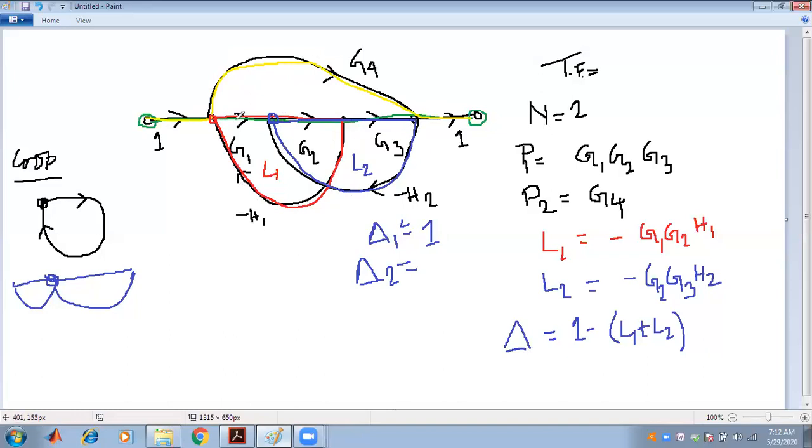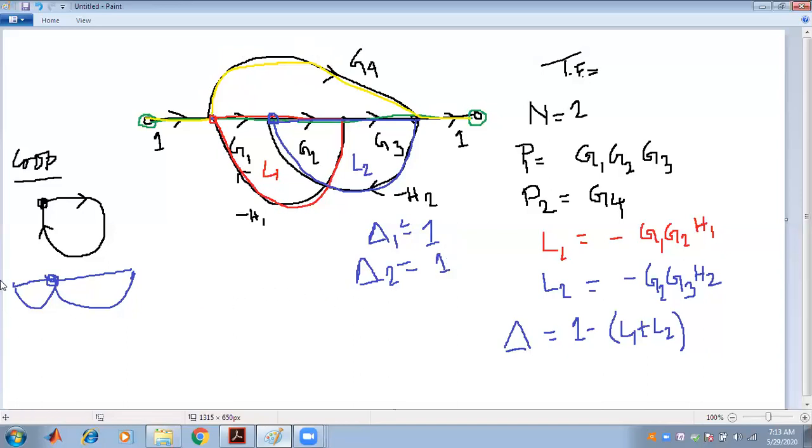The loop denoted by the red color is touched at that particular node, and the loop denoted by the blue color is touched at that particular node for the second forward path. So all the loop gains are nullified, so the del value is 1.